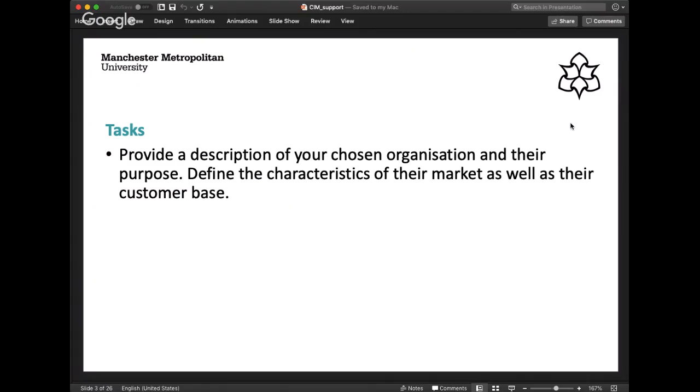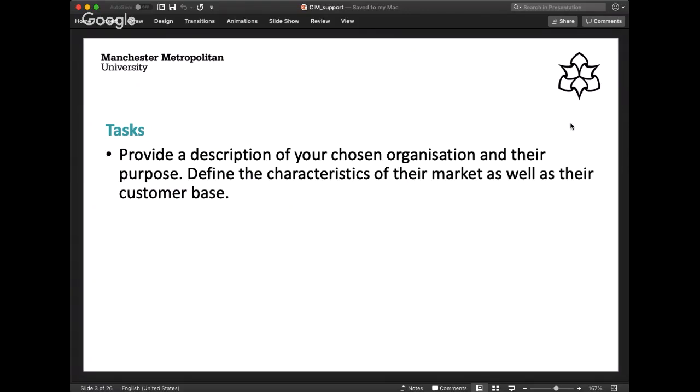What we're looking for you to do here is to start off really strongly by understanding and researching your organisation. I'd advise you to pick an organisation that you like, that is reasonably big, so you're going to be able to find some information on it, and start using some of the library resources to research this, because we're going to need a lot of organisational understanding here, and actual understanding of who their target audience is and who their customer base is.